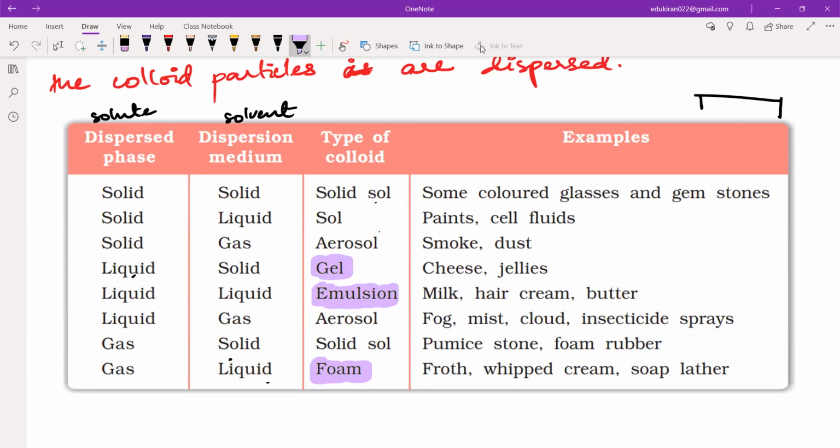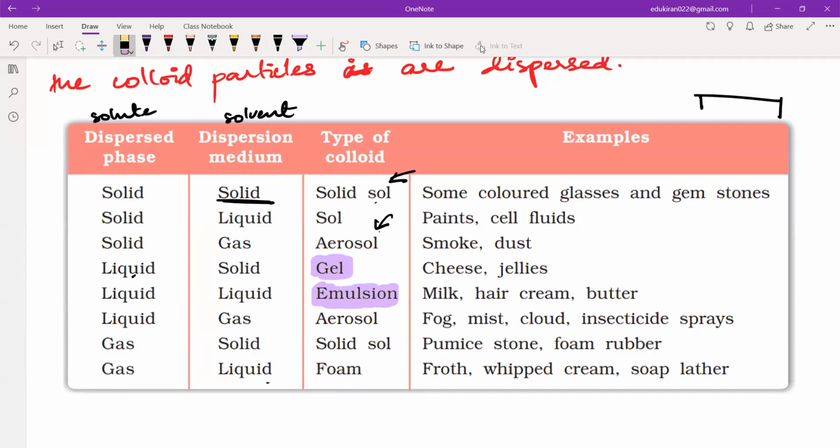Liquid inside solid is gel, liquid inside liquid is emulsion, and gas inside liquid will be foam. When you have dispersion medium as gas, it will be aerosol. When the dispersion medium is solid, it will be solid sol.